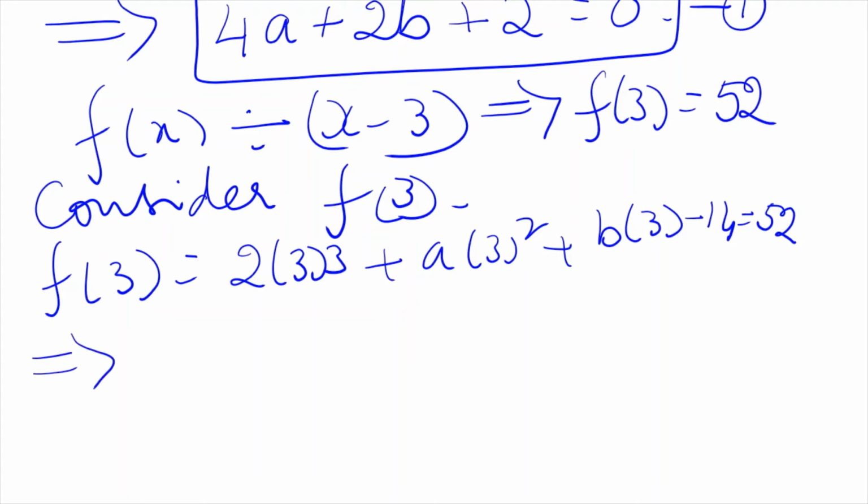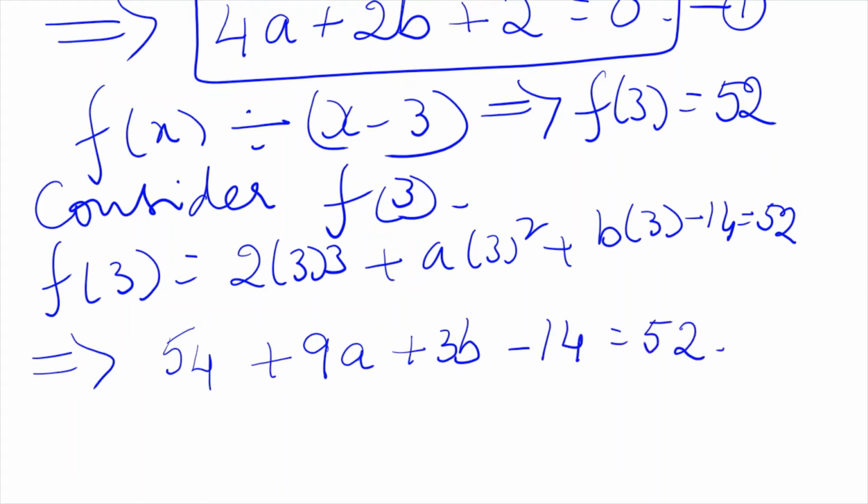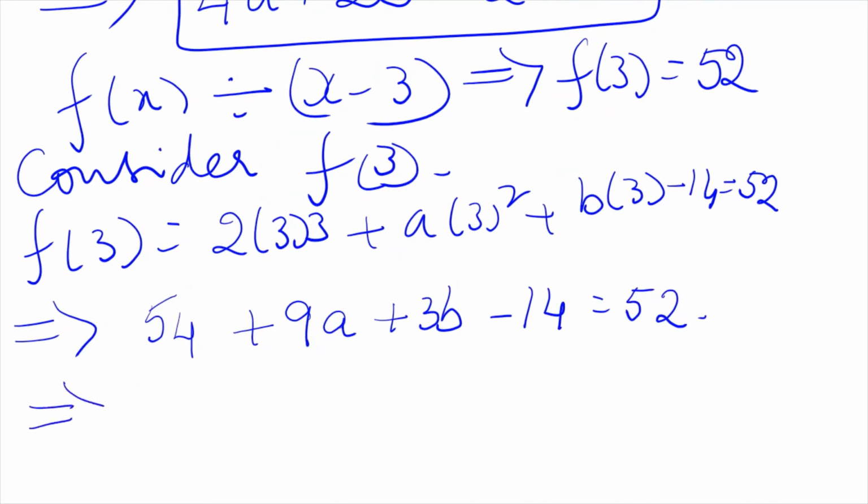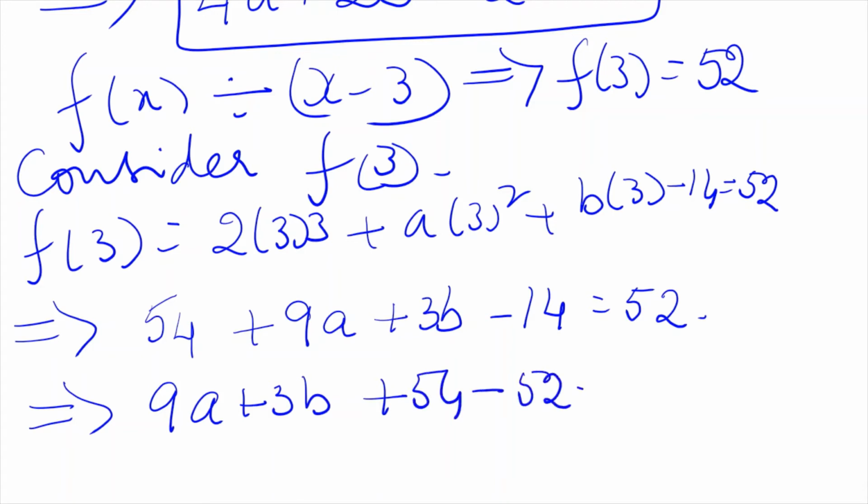Okay, so this implies 3 cube is 27. 27 into 2, 2 sevens are 14, 2 twos are 4 and 1, 54, plus 3 square is 9, 9a plus 3b minus 14 is equal to 52. So this implies 9a plus 3b plus 54 minus 52 minus 14 is equal to 0.